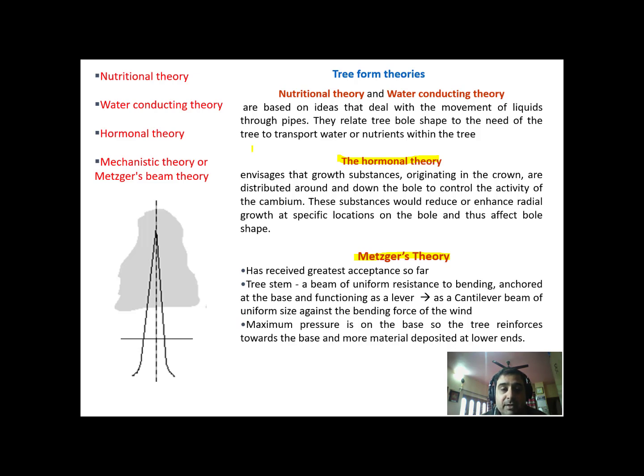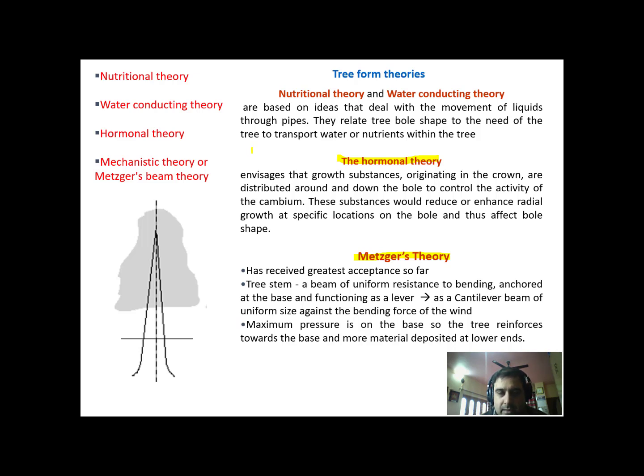When we move upwards along the stem, this requirement decreases because we are covering most of the tree, and while reaching the top there is only a little portion left to be fed. So the size of the stem at that point has to be thin.